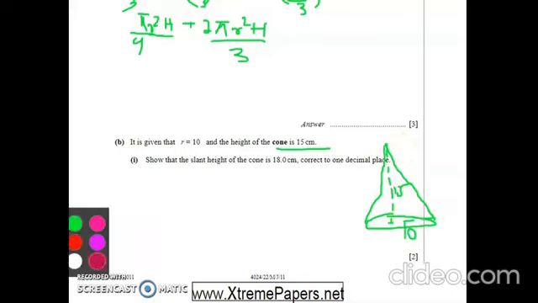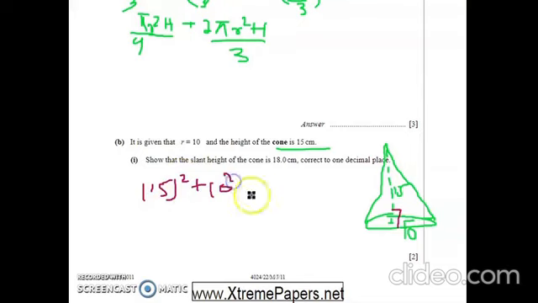This is a 90-degree triangle, and we can easily find the slant height by Pythagoras theorem. So 15 square plus 10 square equals x square. That is our slant height, x. So 15 square will give me 225. 225 plus 100, that is 325.